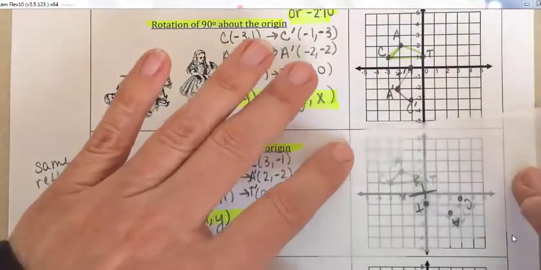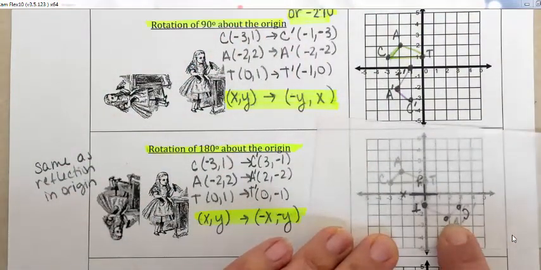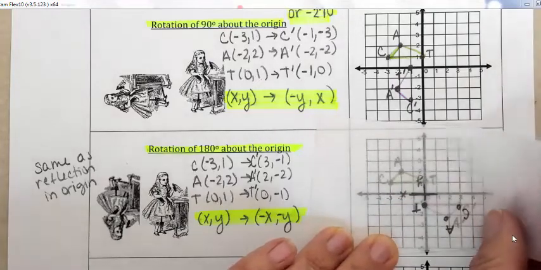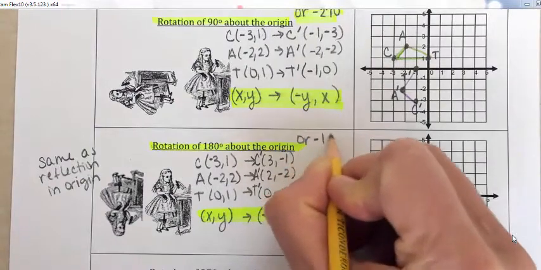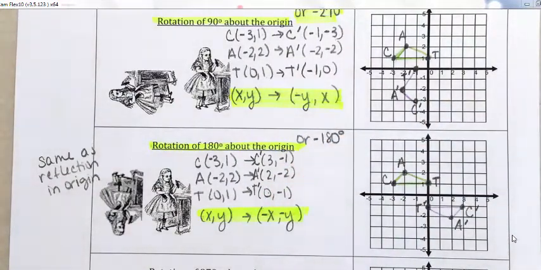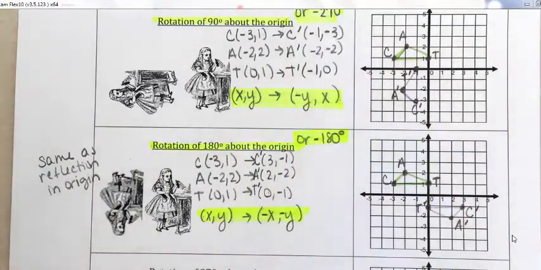And then one more rotation of 90 degrees puts the CAT triangle right on top of itself, right? So basically I did 180 degrees clockwise. So that's going to be a negative 180 degrees. Like halfway around the coordinate plane.